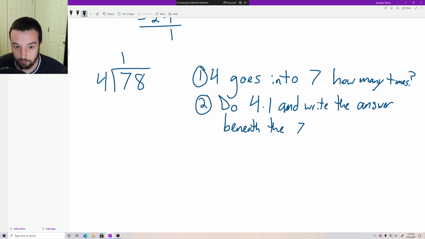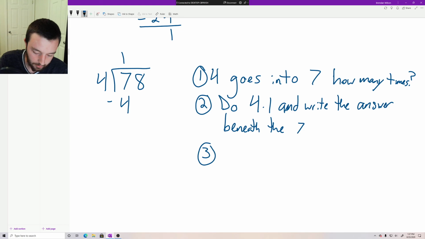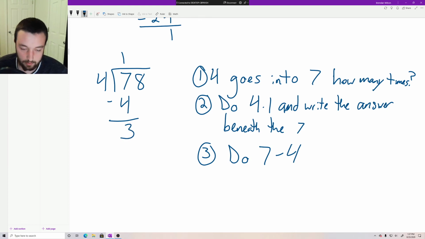Okay, because we're setting it up for subtraction. So 4 times 1 is 4. And 3, we want to do 7 minus 4, 3. So this is just a long way of saying 4 goes into 7 1 times with a remainder of 3. In other words, if we did 7 divided by 4, we get 1 with a remainder of 3.